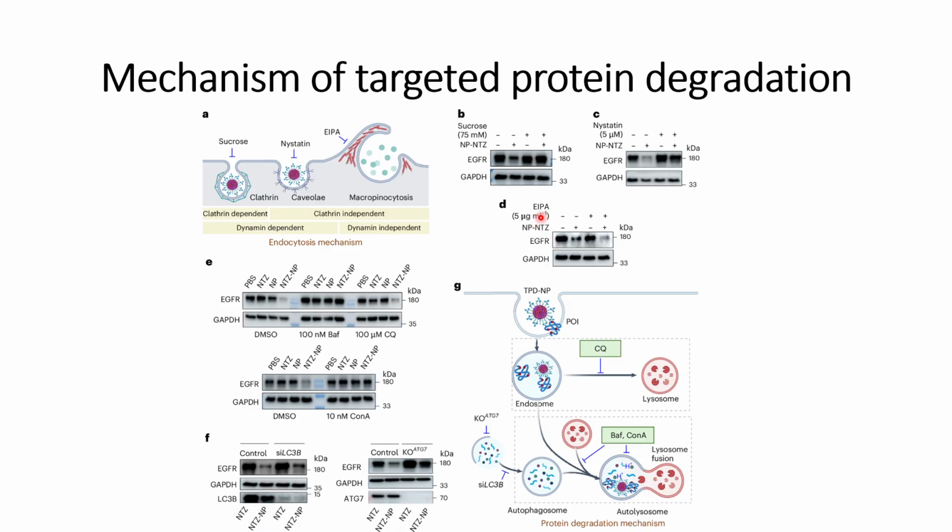However, with EIPA, which they tested up to 5 microgram per ml, at this concentration they are able to see only a very small amount of EGFR compared to the case where they have only used NP NTZ, and in all other cases also they are able to see EGFR presence.